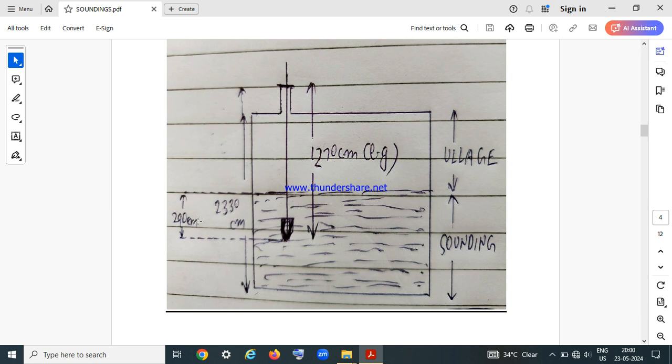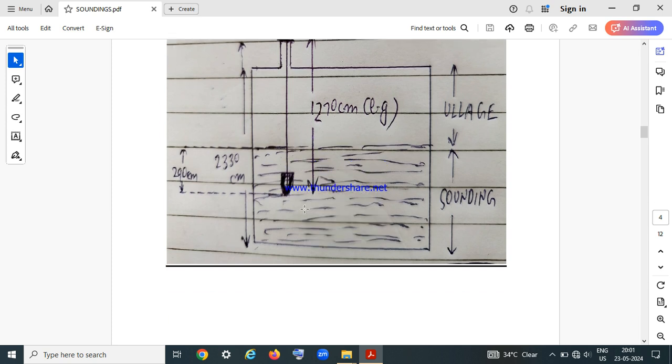So there will be some fuel on the sounding tape. So this is that value from the sounding tape. This is just an example I am explaining you, so everything is like example. So same thing, this is the depth minus how much sounding tape we put inside. We will subtract this value from the total depth of the tank.